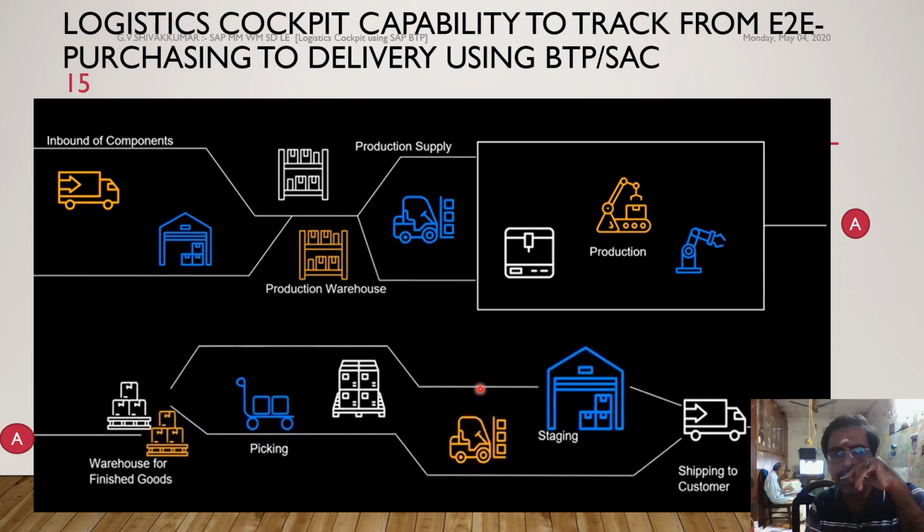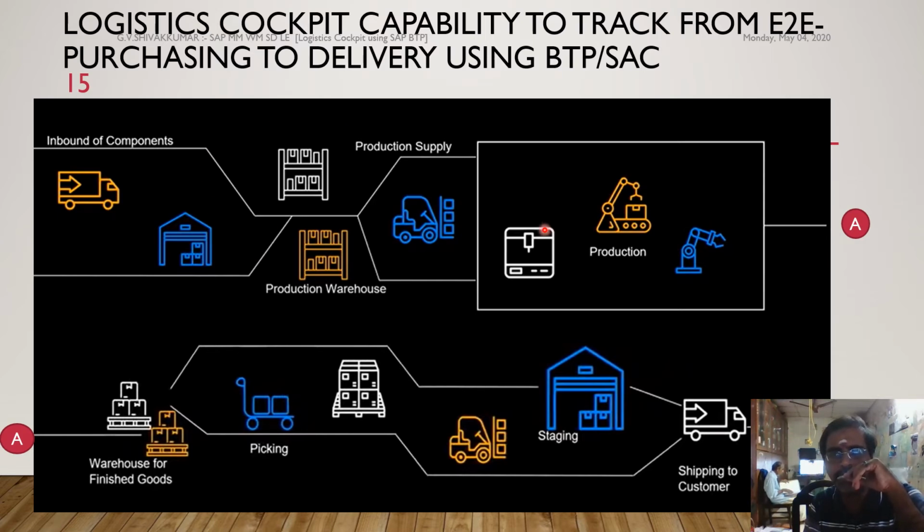So after many intermittent stagings, it will be sent to the final shipping to the customer. Once picking, packing, loading, PGI, everything happens, it will be placed in the staging. Or in some companies, once PGI happens, it will move from staging to the shipping yard, and there the shipment starts. So it will be sent to the end customer.